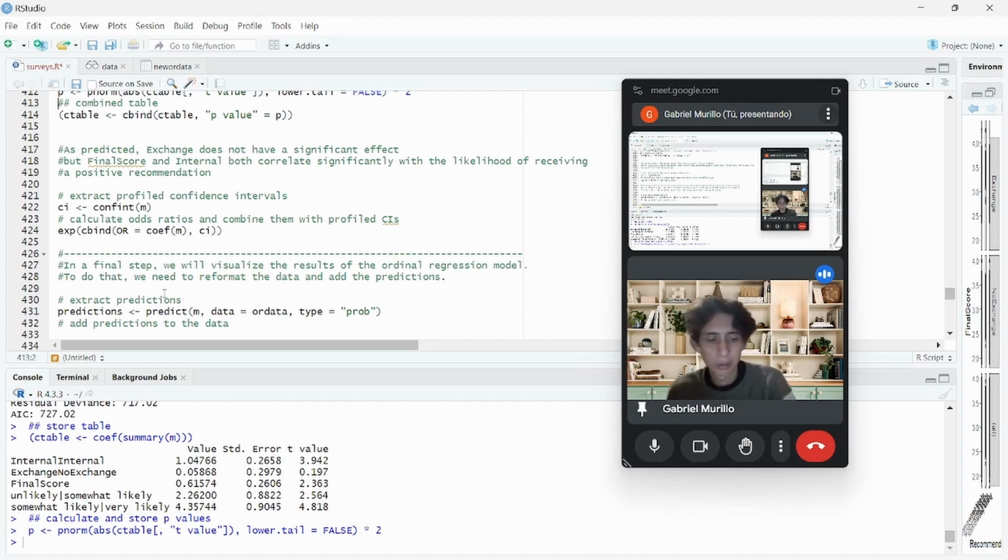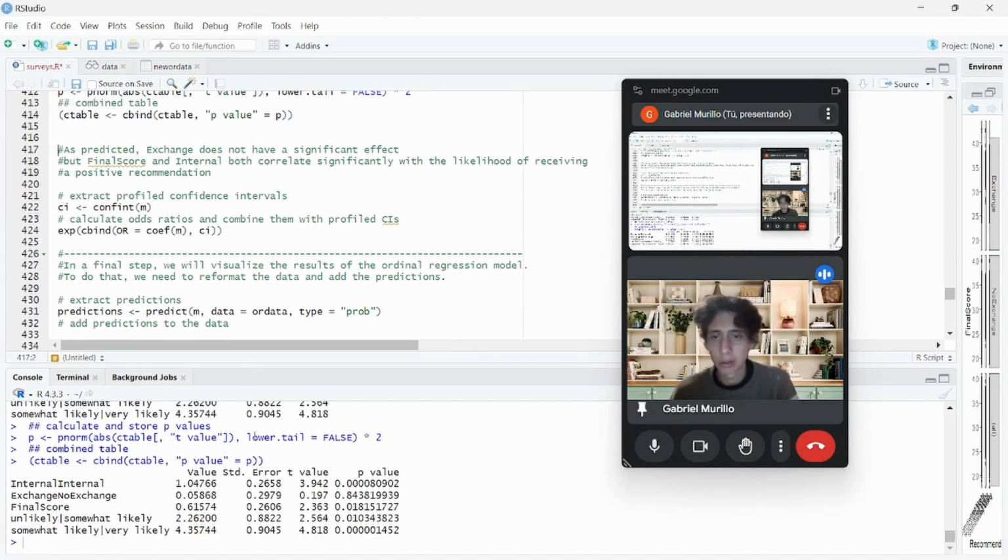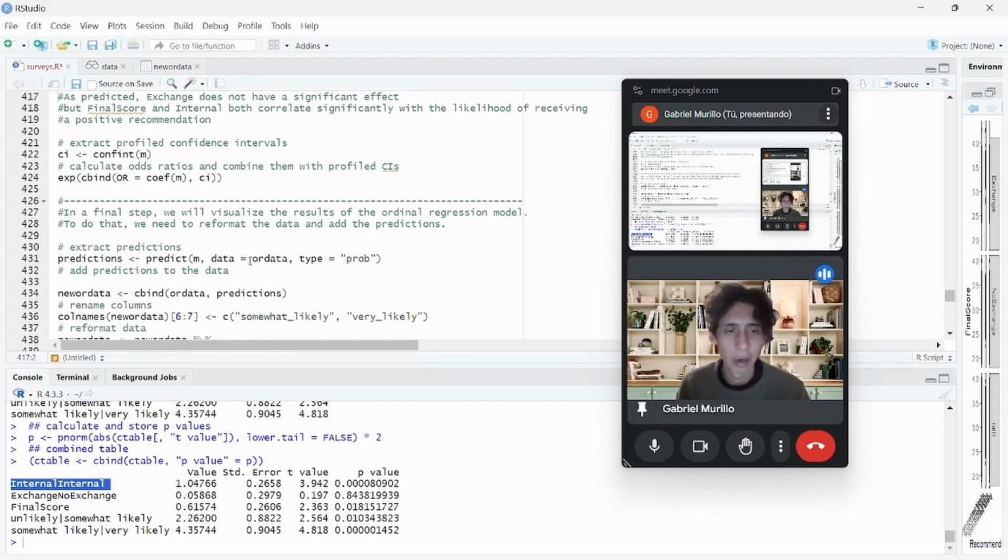We transform the t-value into a p-value. This value here, for the internal variable, is a lot lower than the 5% alpha. So this means that this variable has a very significant impact on the dependent variable, that is the recommendation variable.